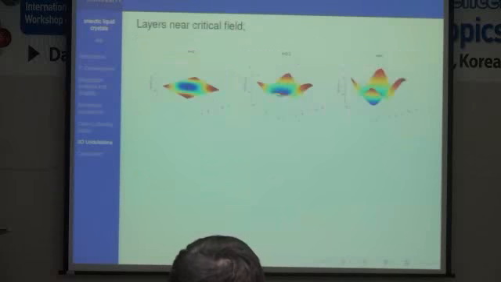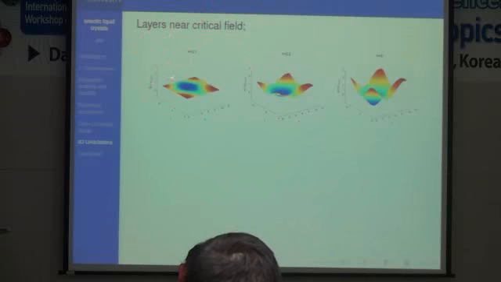And also we have these layers. The natural boundary condition, the layers near the critical field. First, we don't have any undulations. This is the undulation in the middle of the cell, and we have a little bit of that and more.